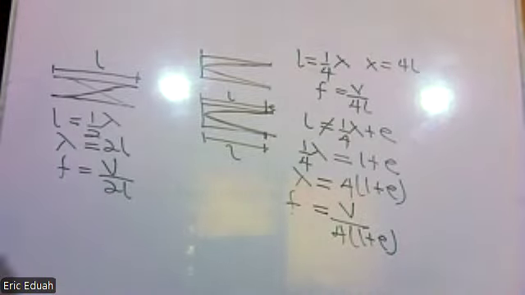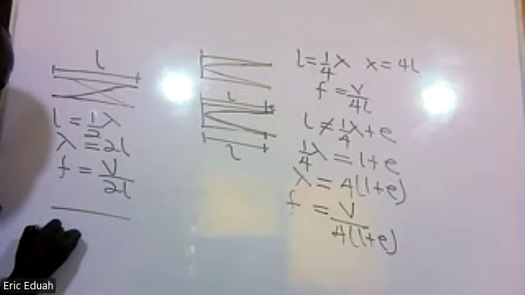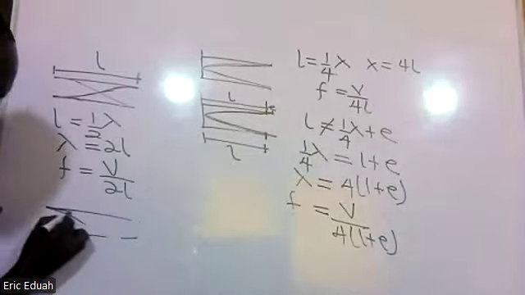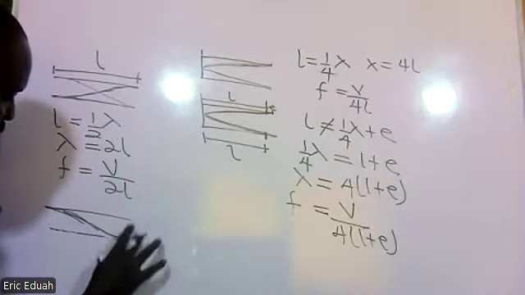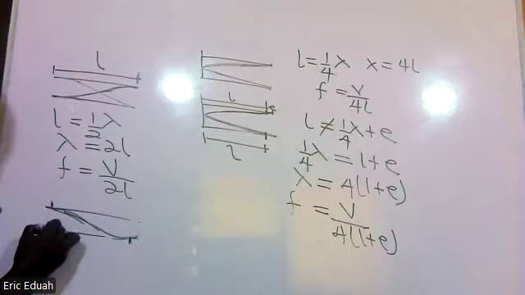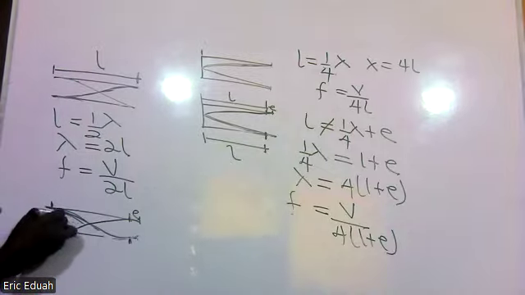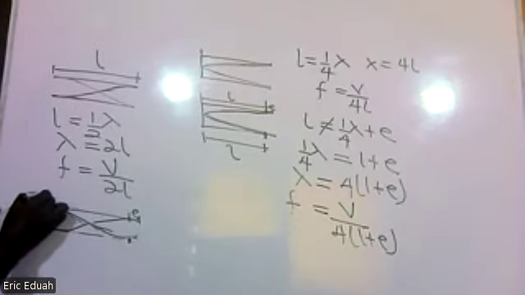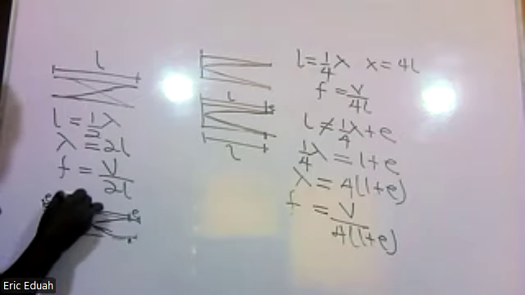If there is a consideration for end correction, there's that little extension here and there. So we have end correction E over here, and end correction E over there, meaning the length of the tube is actually from here to here.